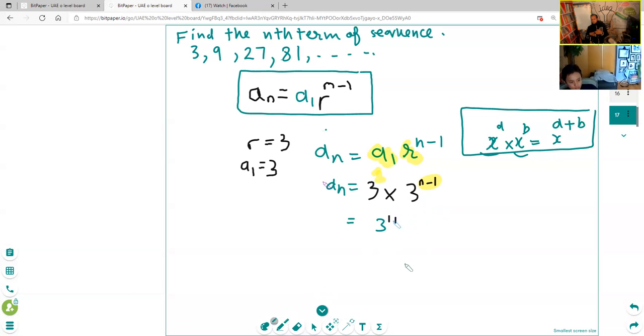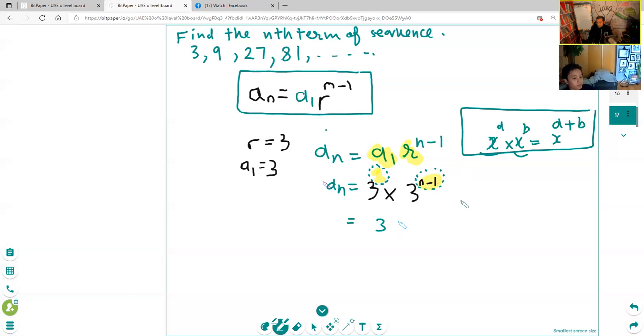Yes, good. 1 is the power of every number, okay? 3 has power 1. You should write n minus 1, and add this power. 1 plus n minus 1.